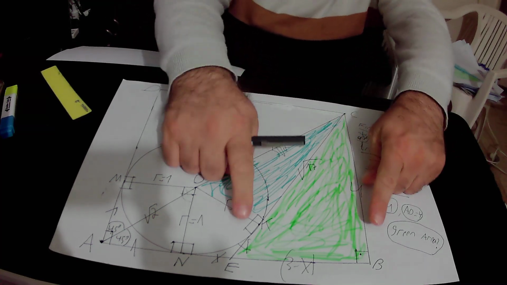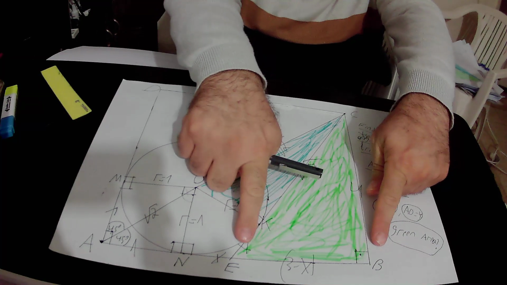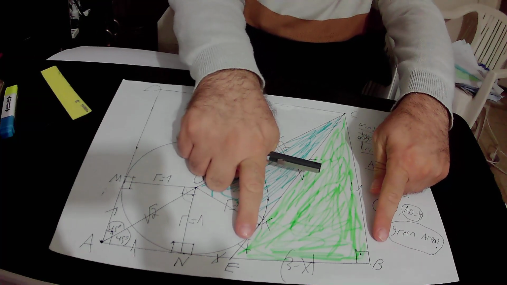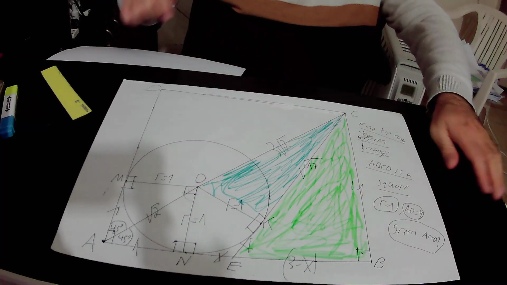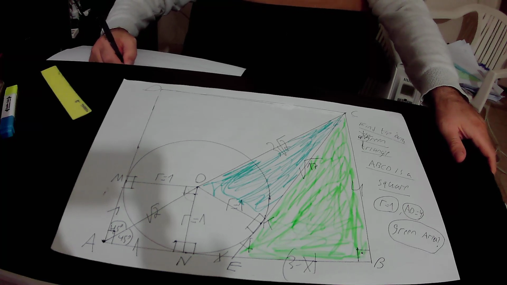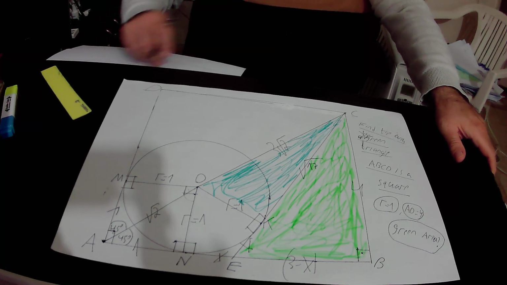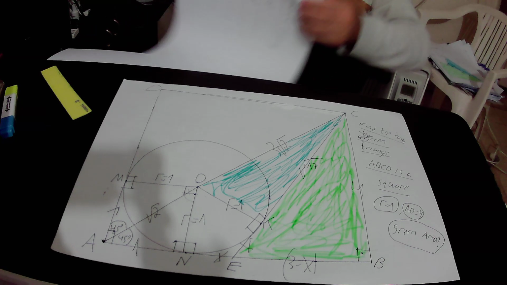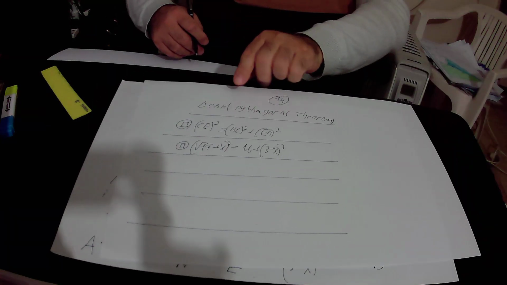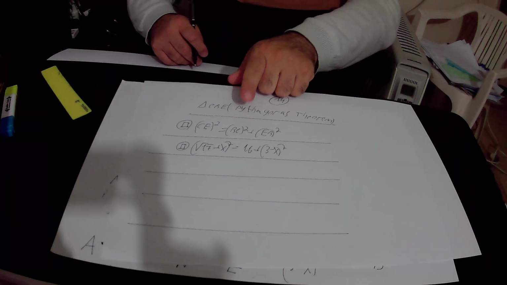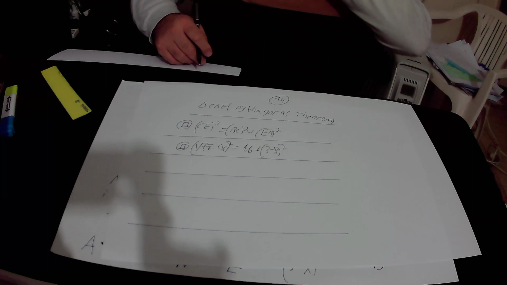EB equals 3 minus x, therefore EB squared will be (3 minus x) squared. So in conclusion, (square root of 17 plus x) squared equals 16 plus (3 minus x) squared.